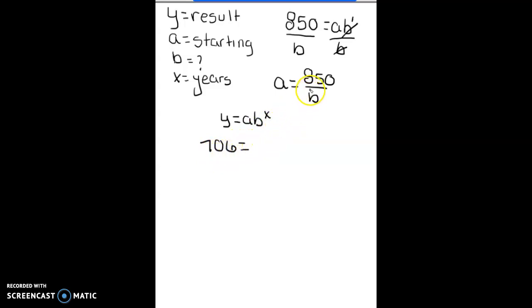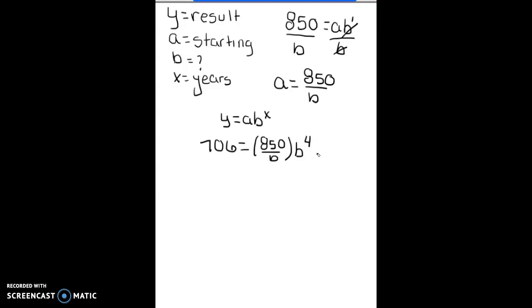Our a value, we plug in this 850 over b. We still don't know b, but we do know the x value is 4, because it said after the fourth year of study. And what we're looking for is the rate at which the bison population is decreasing.